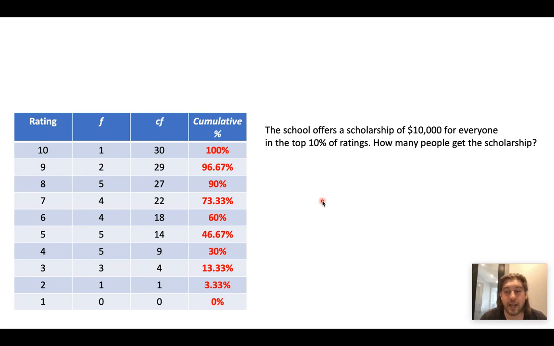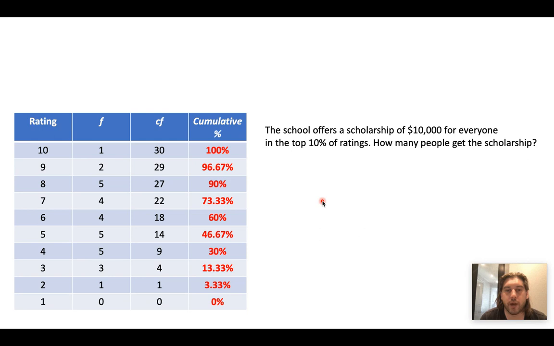So everyone in the top 10% gets a scholarship. And these ratings, these teacher ratings, are what they use to give the scholarships. And so we could answer this question, right? How many people get the scholarship?